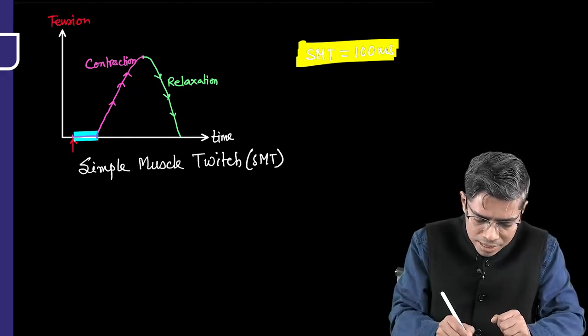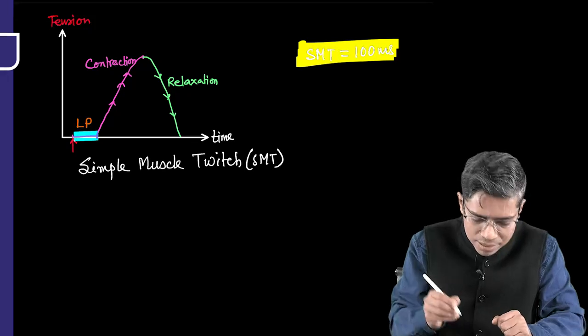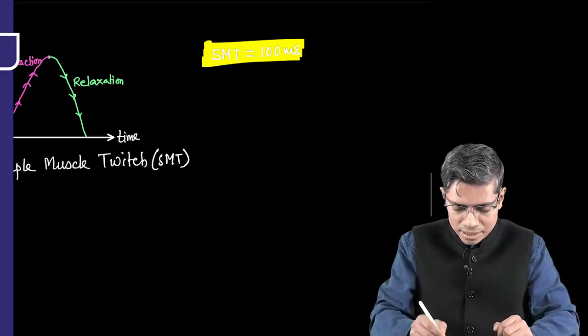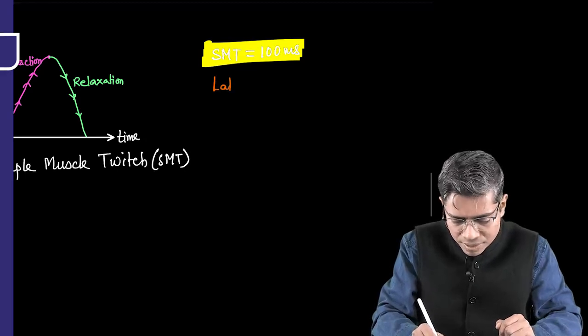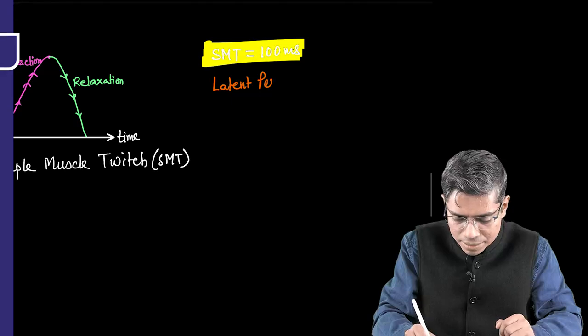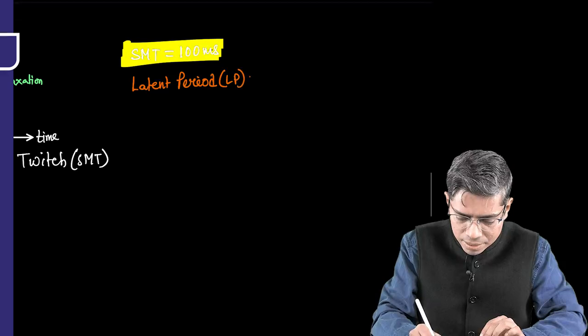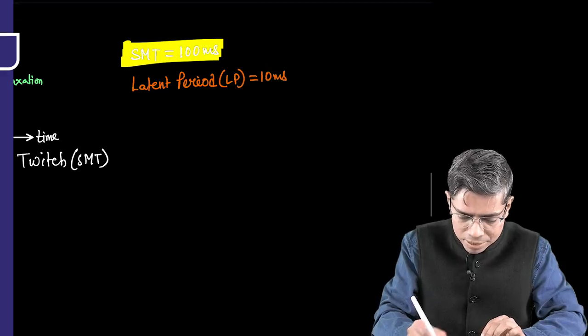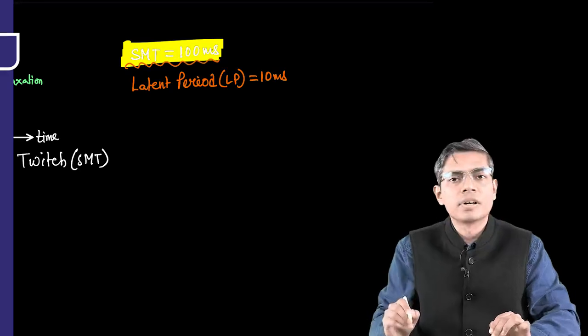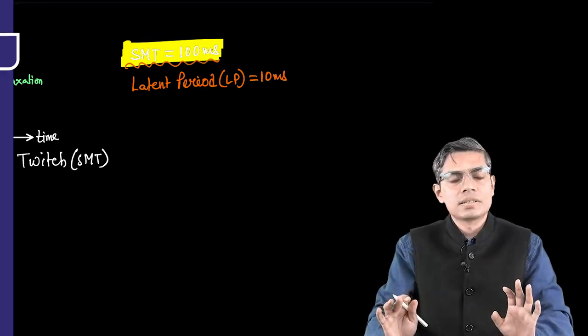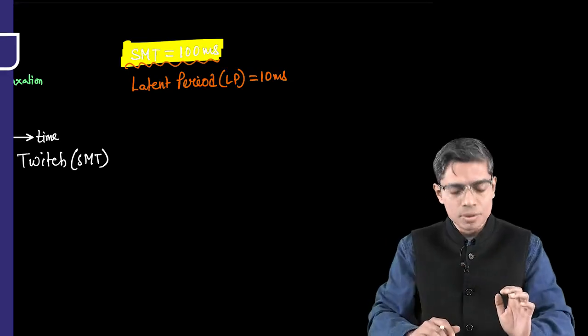This period is known as the latent period, the LP, which is generally 10 milliseconds. Simple muscle twitch includes the latent period also.